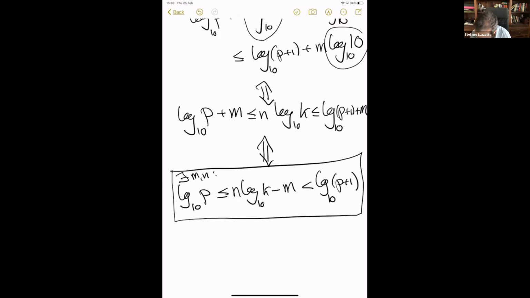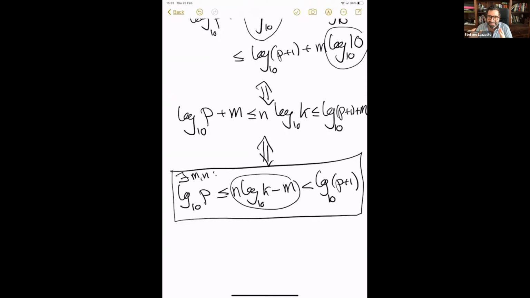Now, notice that this central part is squeezed between these two terms, right? Log base 10 of p plus 1 and log base 10 of p. So if we're going to show this, it might be useful to know how big this range is.